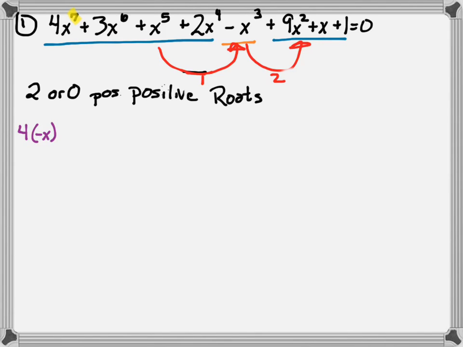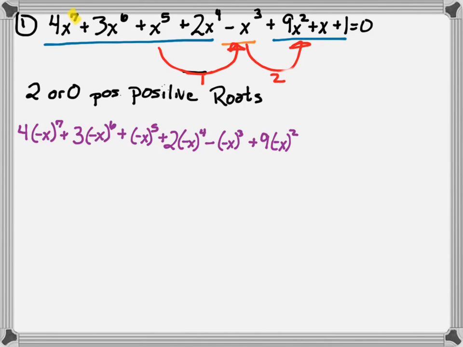So we're going to do 4 times negative x to the 7th plus 3 times negative x to the 6th plus negative x, and you notice how every time I'm putting this negative x in here, I'm putting it in parentheses, to the 5th plus 2 times negative x to the 4th minus negative x to the 3rd plus 9 times negative x to the 2nd plus a negative x plus 1 equals 0.